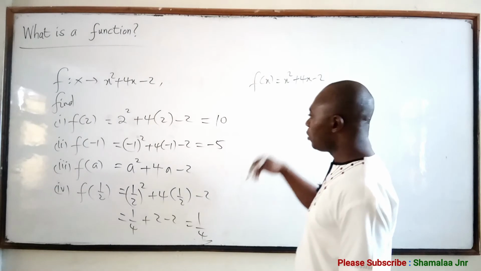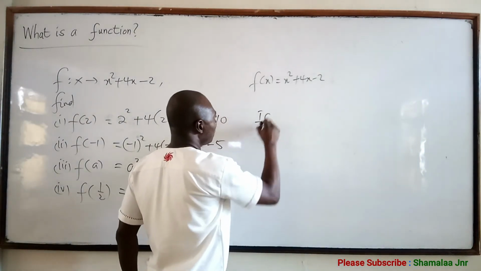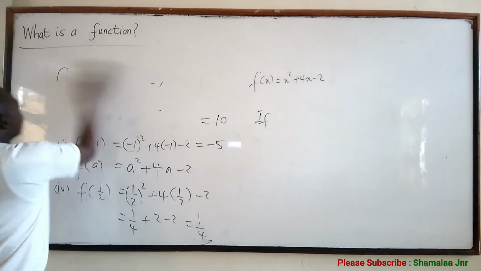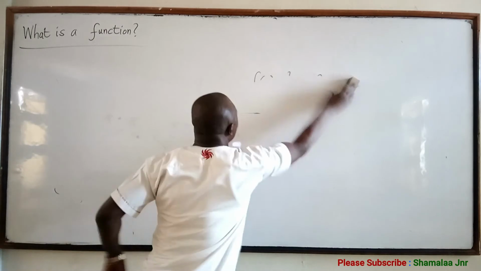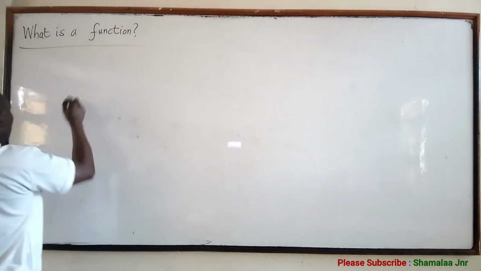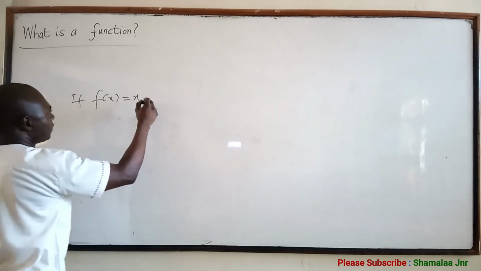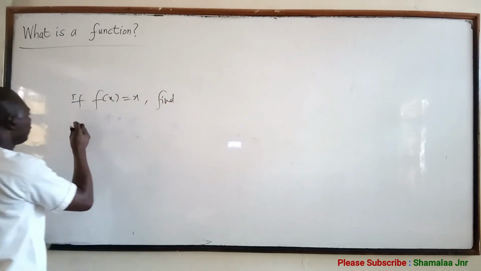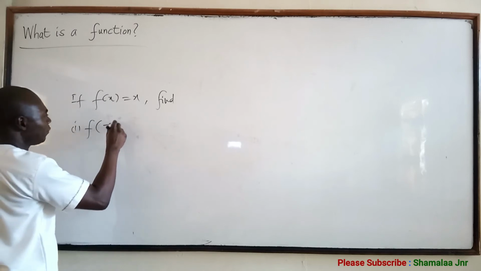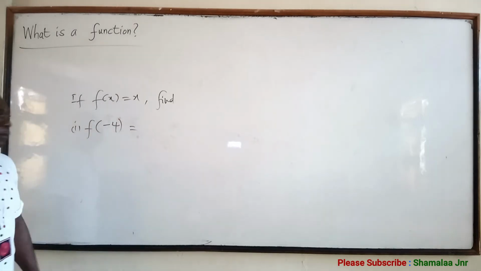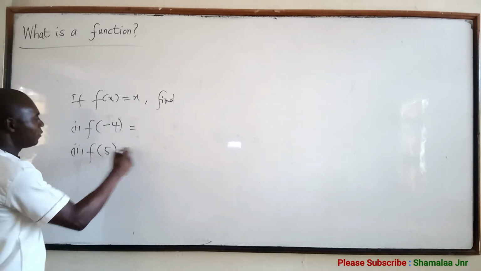Viewers, at times you can also give something like this. You can say that if f of x is equal to x, find (i) f of negative 4, (ii) f of 5.